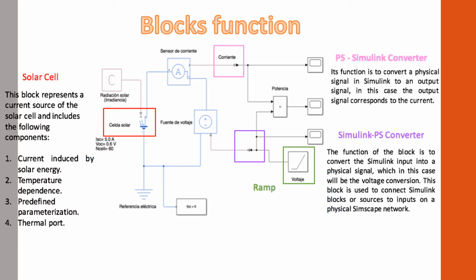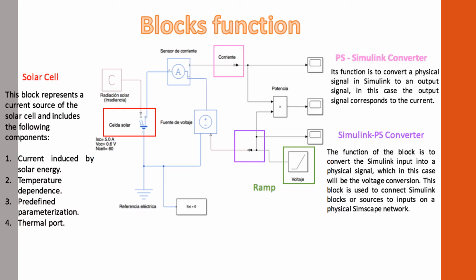Finally, we have the solar cell. This block represents a current source of the solar cell and includes the following components. Number 1. Current induced by solar energy. A solar cell is composed of two resistors in parallel connected to a source and two diodes. Its operation is represented by current equations.